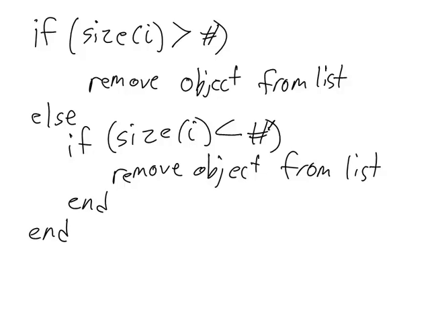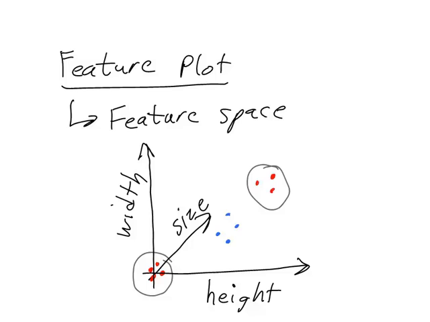Besides if statements, there's another way that we can use feature space to find objects that are of particular interest to us. In feature space, if we know the approximate size, height, and width, or whatever features we've chosen to extract, we can define a point that represents the ideal object. For example, let's suppose that we know that the ideal height, width, and size of a person in our image falls right here.